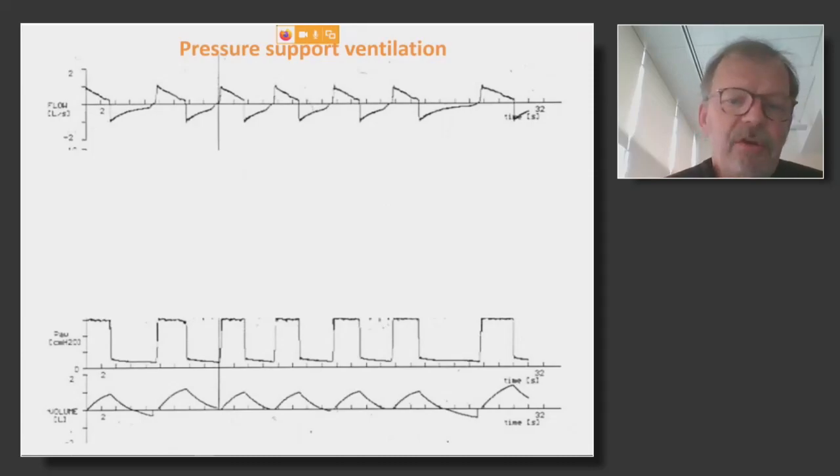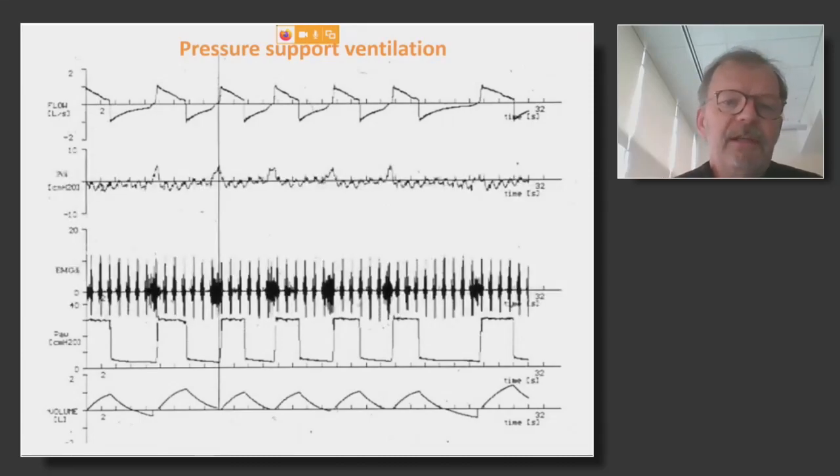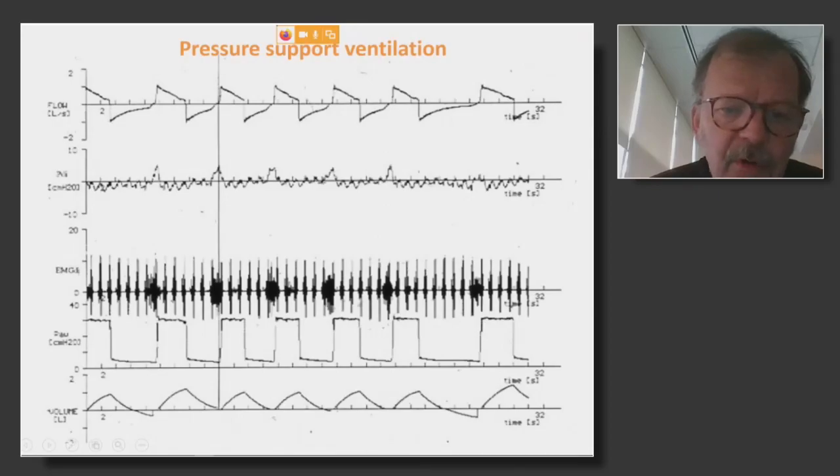In these patients, we have the recording of the transdiaphragmatic pressure and electrical activity of the diaphragm. If you look at the vertical line, you see that the tracings look very regular, look very nice, but this patient is doing a very, very small effort just to trigger the ventilator. And the rest of the ventilation is like pressure control, like passive ventilation.